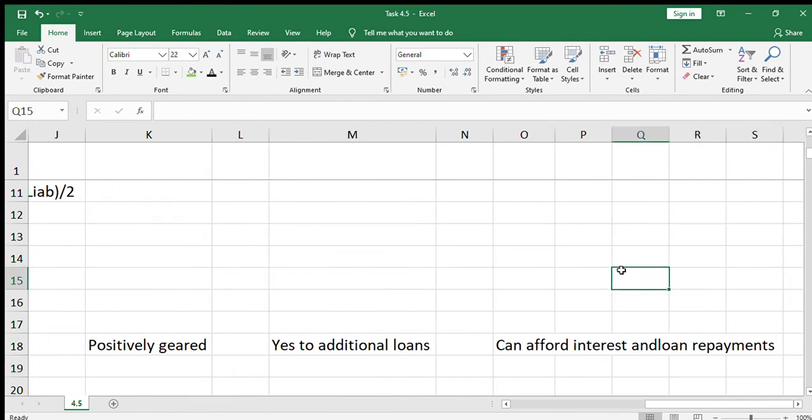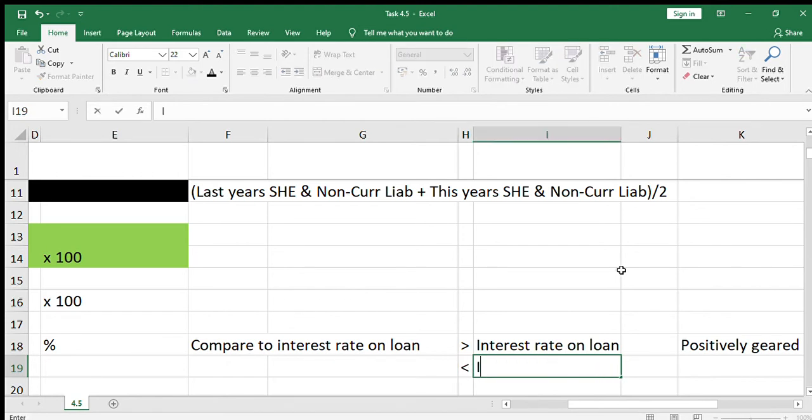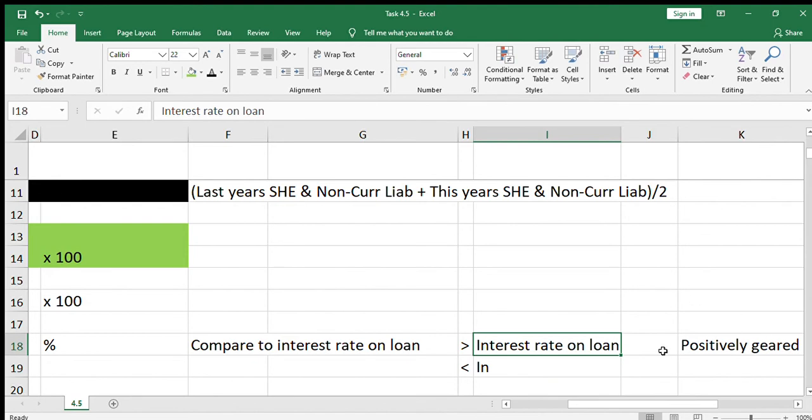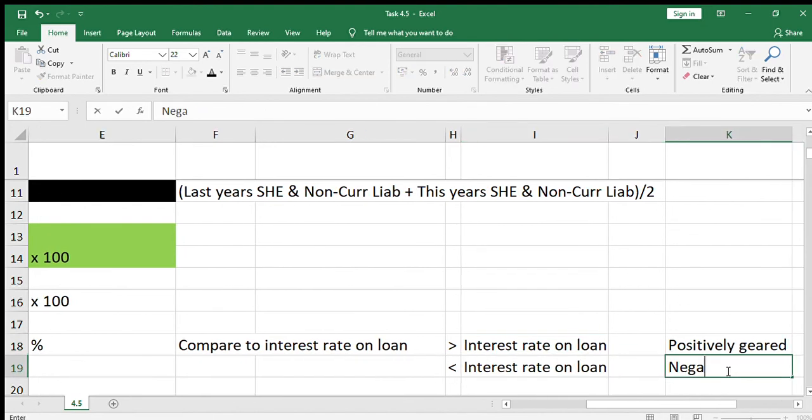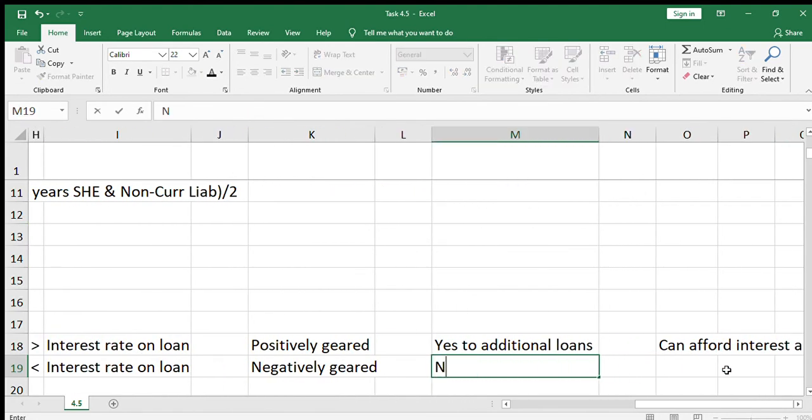Then we have the other end of the stick. So when we compare to the interest rate on loan, if it is less than the interest rate on loan, then it's going to be negatively geared. We will say no to additional loans.